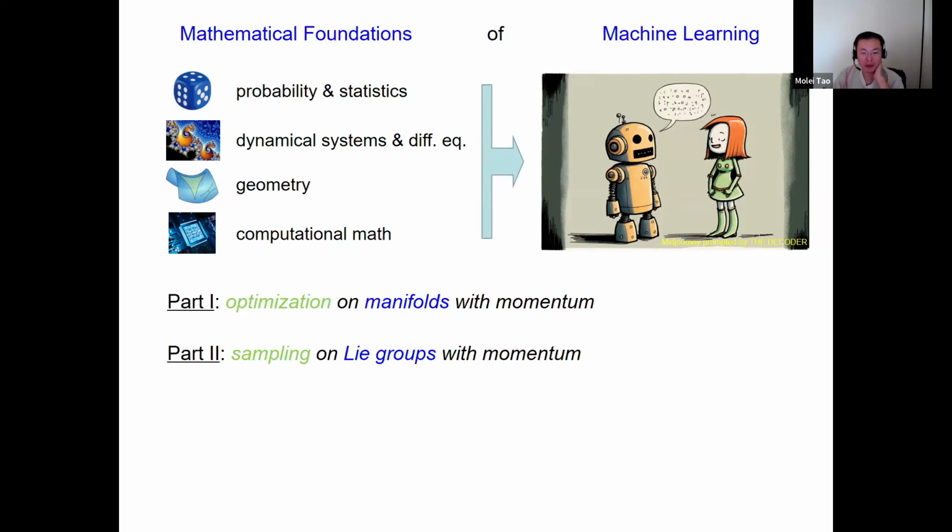In particular, the focus will be on a special class of manifolds known as Lie groups. And finally, the preparations in part one and part two will enable me to do something called generative modeling of data on Lie groups. And this is really the end goal of the talk.